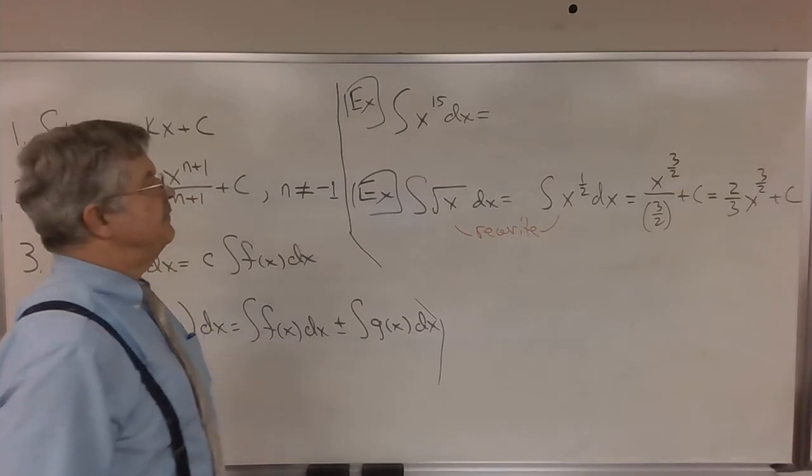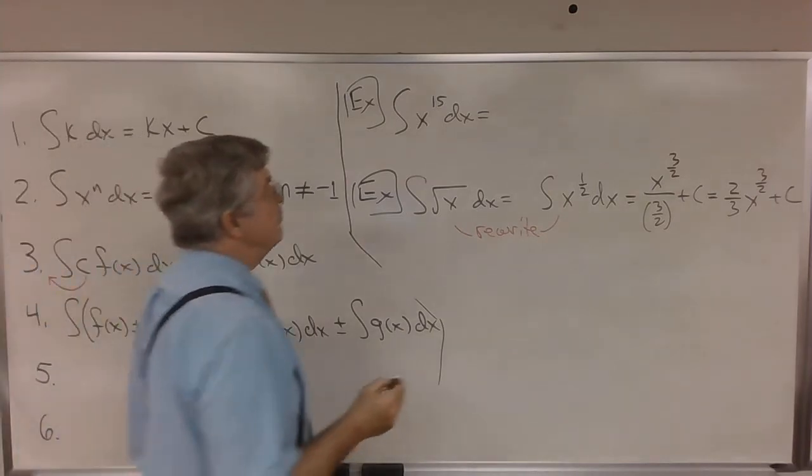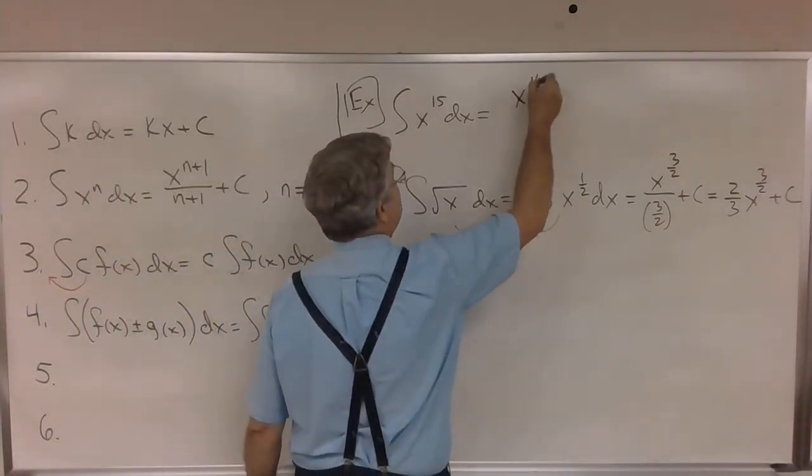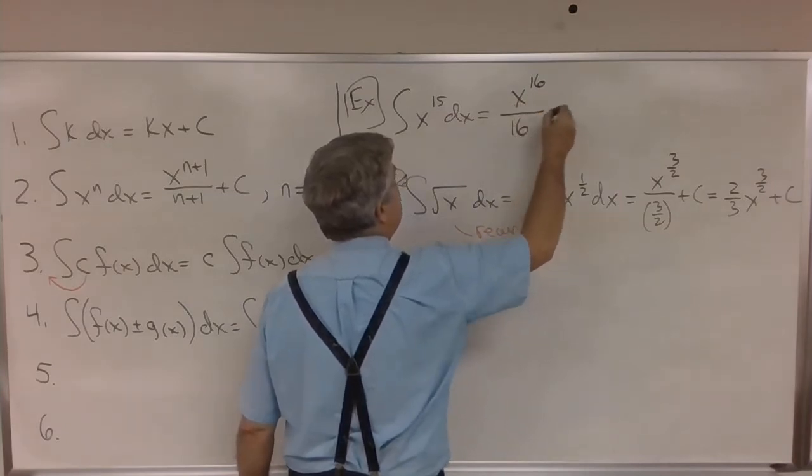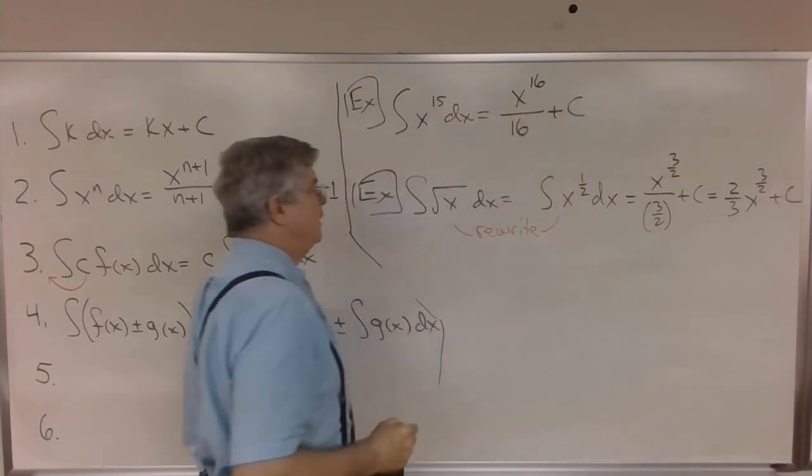Antiderivative of x to the 15th. The power rule says add 1 to the exponent, divide by the new exponent, and there we go.